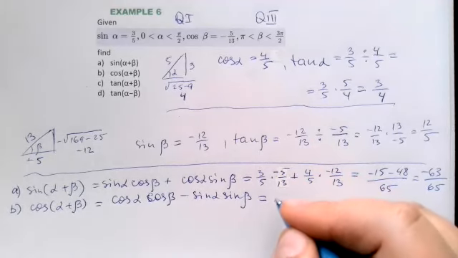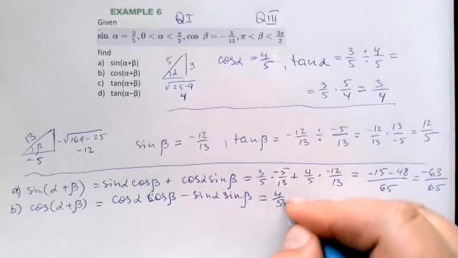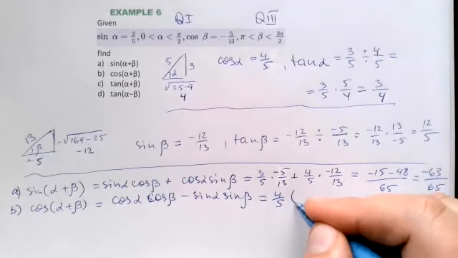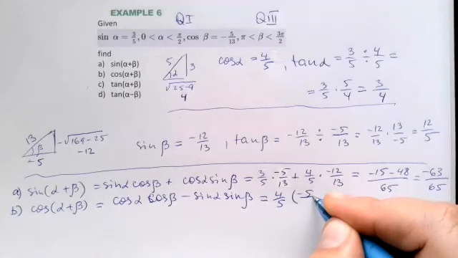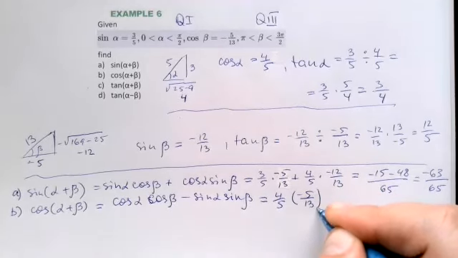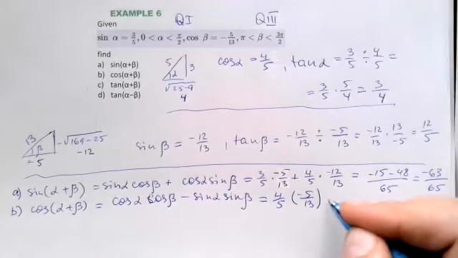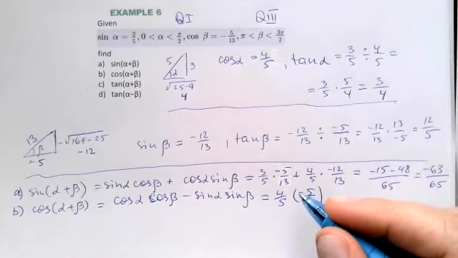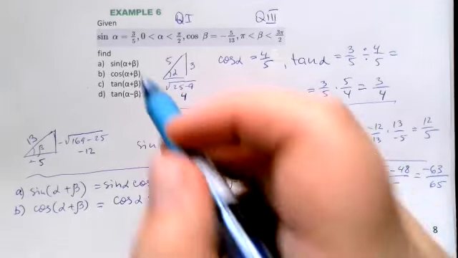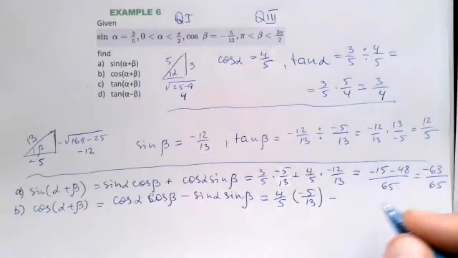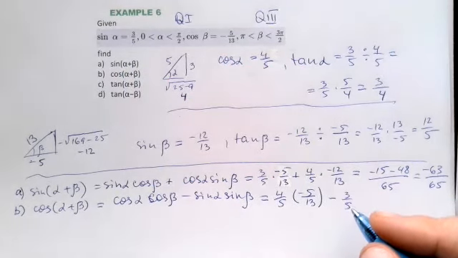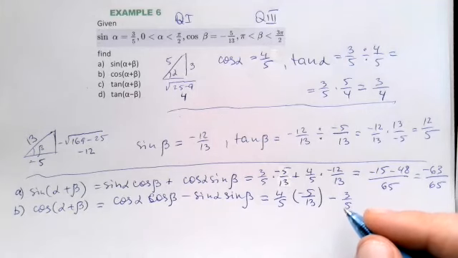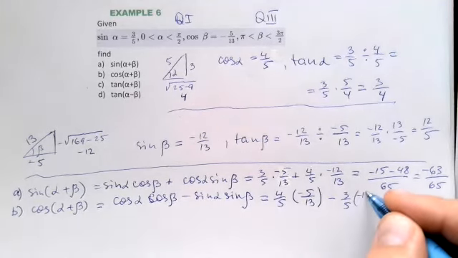So cosine alpha is 4/5, and then cosine beta is negative 5/13. And then the sine alpha is 3/5, and sine beta is negative 12/13.